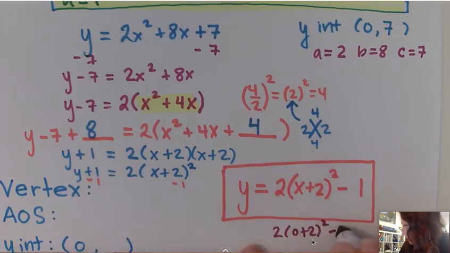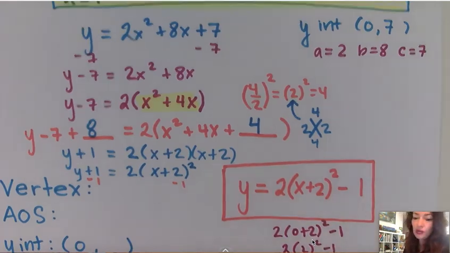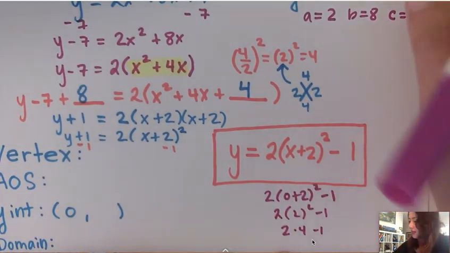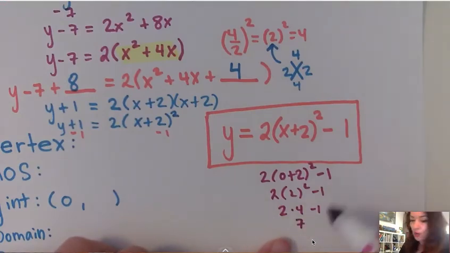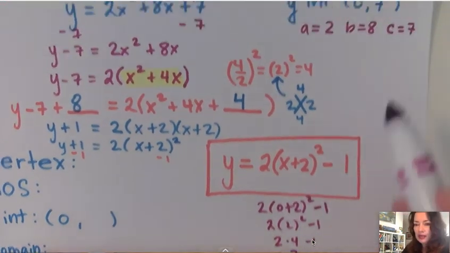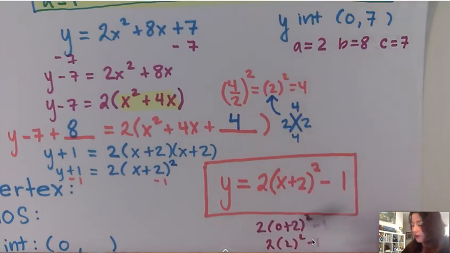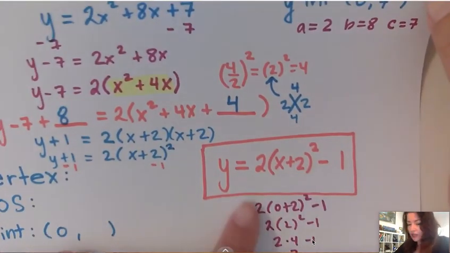And square that, subtract 1. That would be 2 times 2 squared minus 1, which is 2 times 4 minus 1. Using order of operations, that would indeed give us 7. So our y-intercept is 7. So it looks like our equation matches.